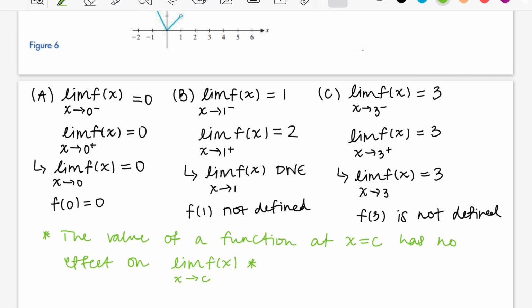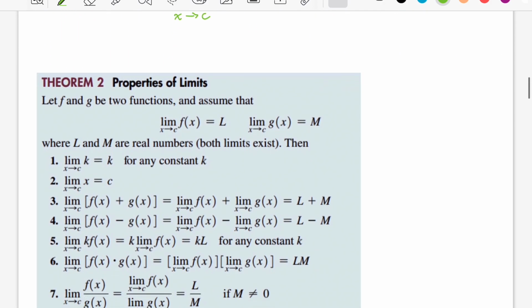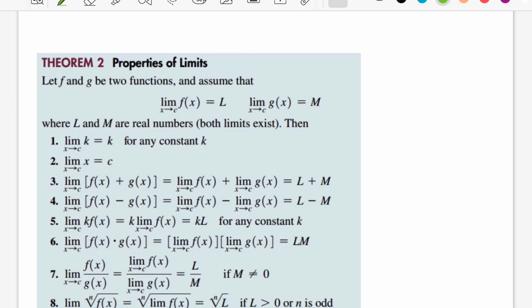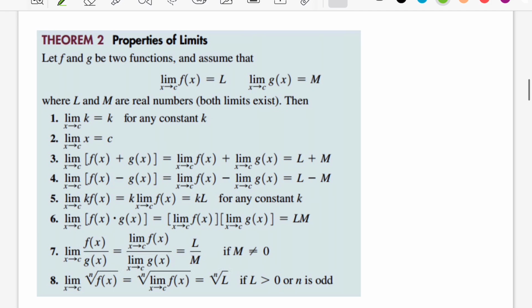All right. So we have this big theorem here, which talks about the properties of limits. I'm not going to read through each one, but we'll see in the next examples how they can be used.